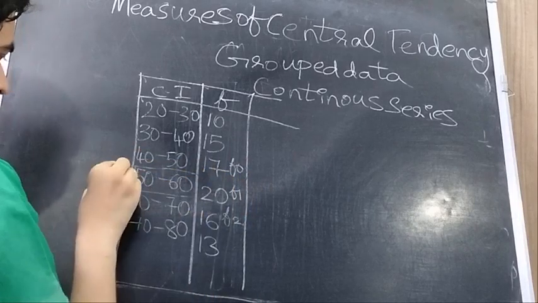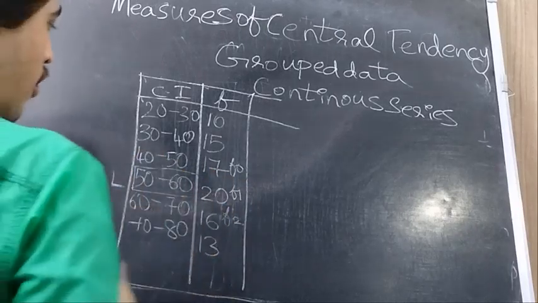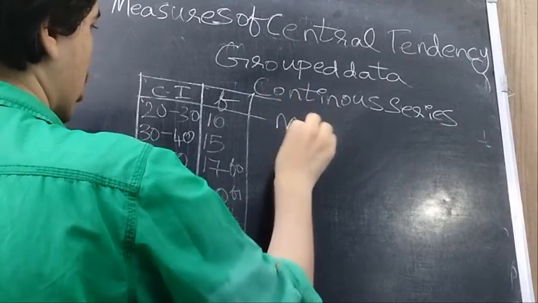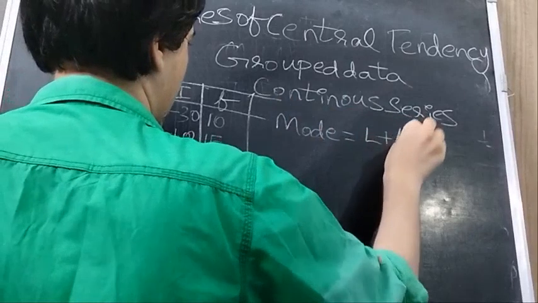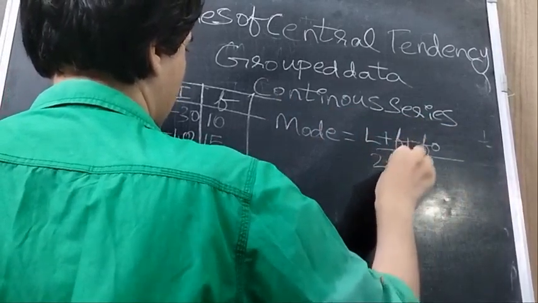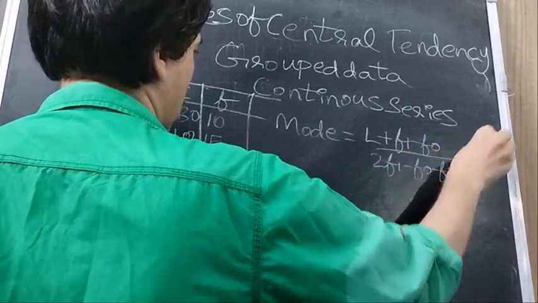Modal class. And this is the L value, the lower limit. Now the formula for the mode in the continuous series is L plus f1 minus f0 by 2f1 minus f0 minus f2 into h.